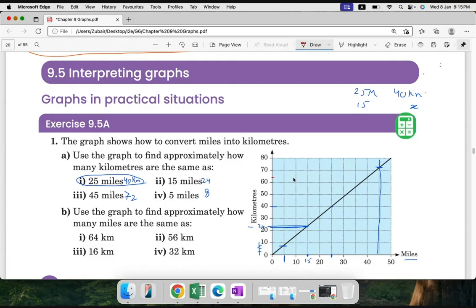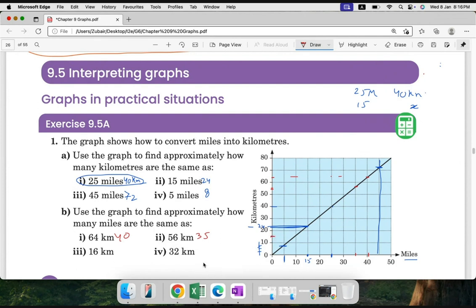So 64 is somewhere here and it hits this mark, which is 40. Then we have 56. This is 50, mid is 55, slightly above the 55 mark, and it hits this point, giving us 35. Try 16 kilometers. 10, 20, in between is 15, slightly above that.